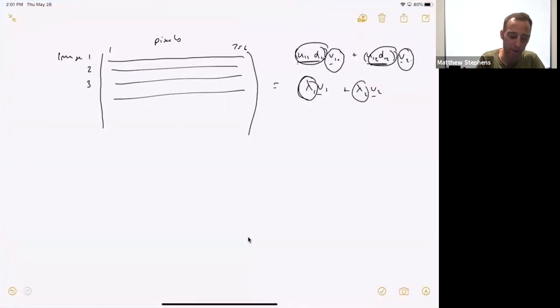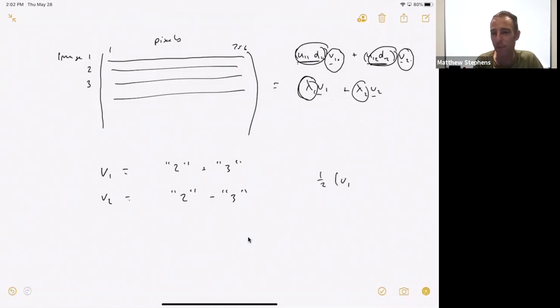So if you can get V1 equals a 2 plus a 3, an average of, and V2 equals the difference, let's say, 2 minus a 3, then you can write every image as, if it's a 2, you write it as half V1 plus V2, and I'm not being careful about normalization here.